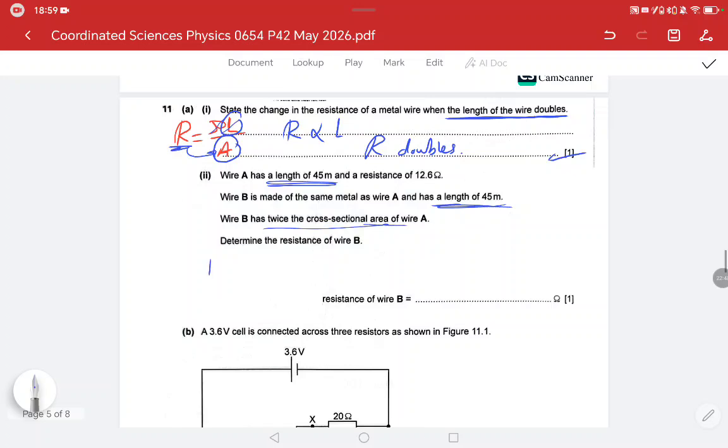If rho and L are the same and A is twice, then R will be halved. So determine the resistance of wire B: 12.6 divided by 2, so it will be 6.3.